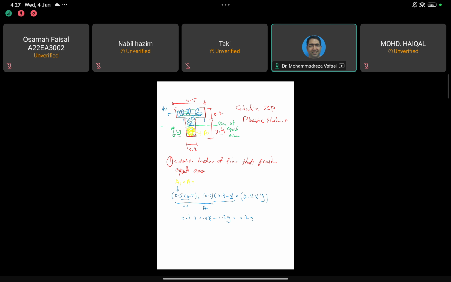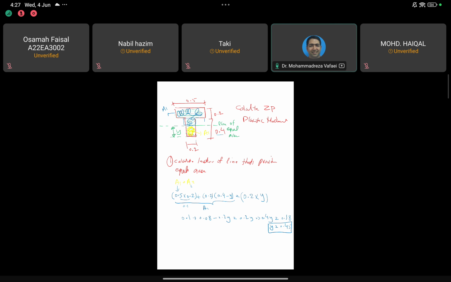If you move this one, you have 0.4y equals 0.18. And from there, you can calculate the value of y, so it equals 0.45, if my calculation is not wrong.